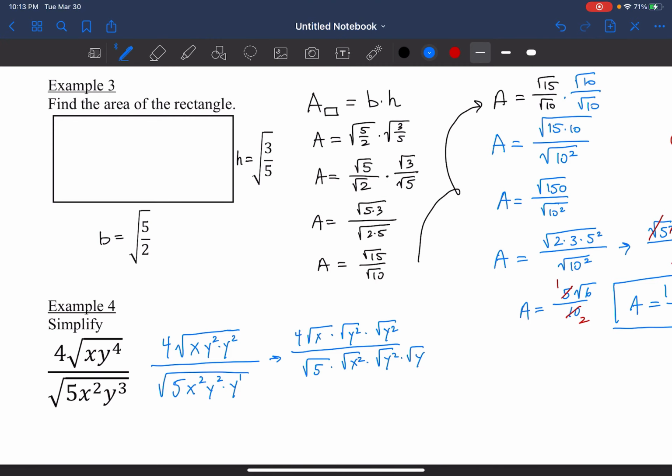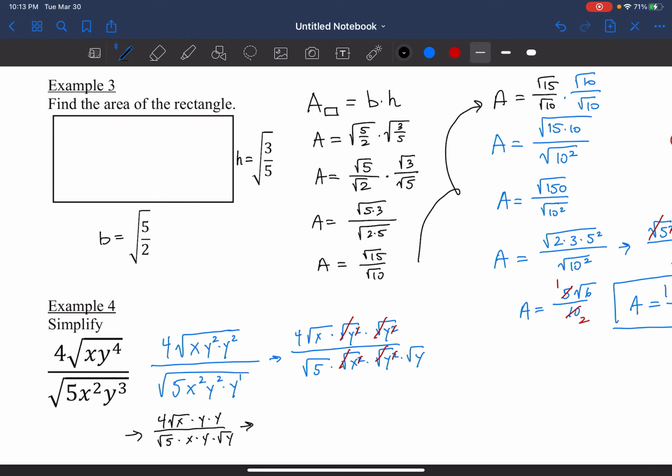I'm going to continue right below in black. So I'm going to have the square root and the square reducing each other out. They're creating ones. So in black, I'm going to be ending up with 4 times the square root of x times y over the square root of 5 times x times y times the square root of y.